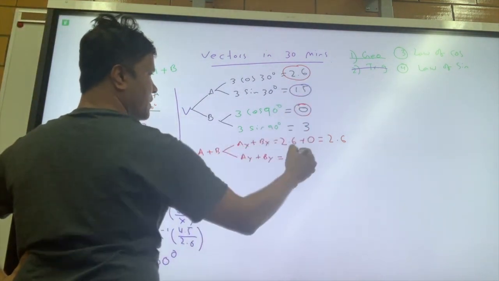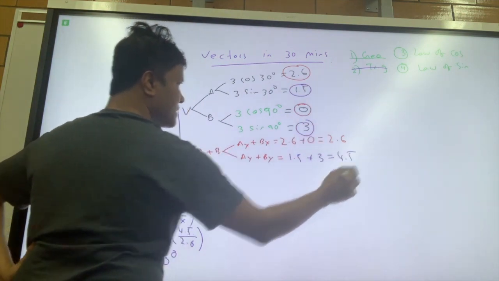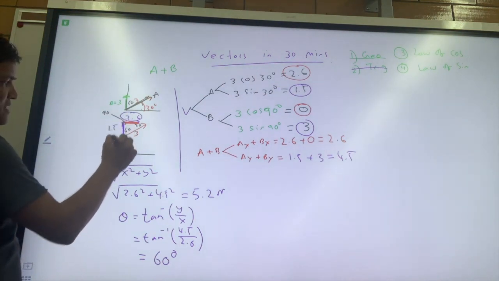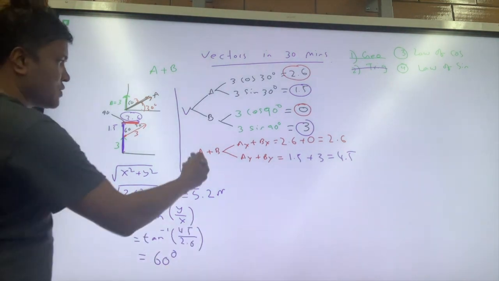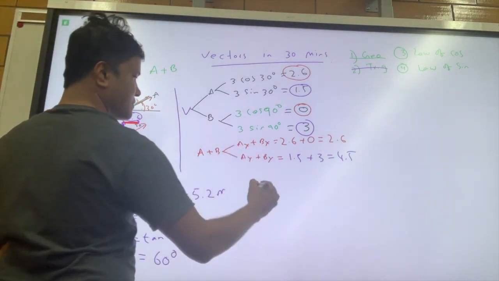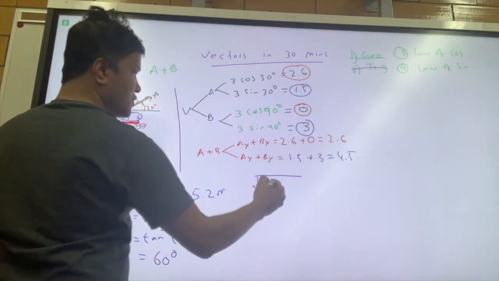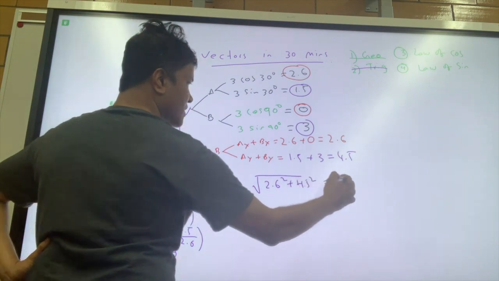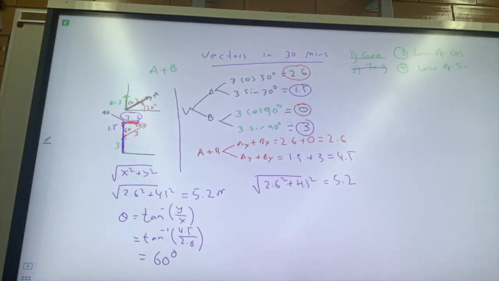Ay is 1.5 plus 3, 4.5, and that's 4.5 you see over here. It's a magic, 4.5. So now what do you do? You do the same thing. 2.6 squared plus 4.5 squared. You get 5.2. You're done with the trigonometry.